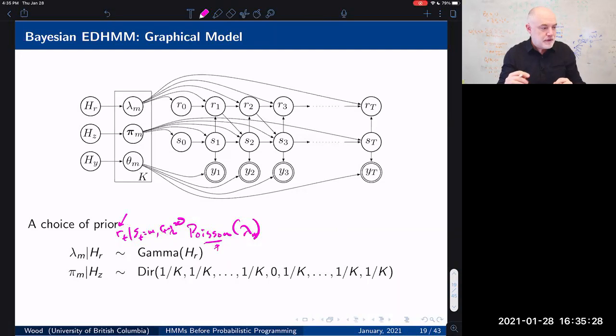But in this particular case, Z is the tuple of the state and the remaining duration. So you have a finite number of states, but you have an infinite number of possible remaining durations, which means that the tuple Z has infinite cardinality. Okay, now you're totally screwed, right?